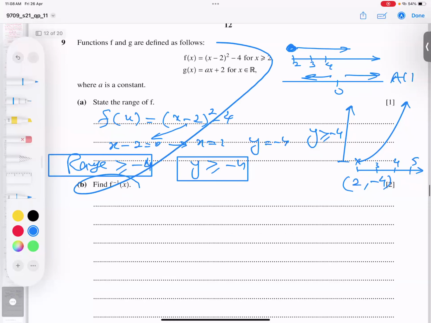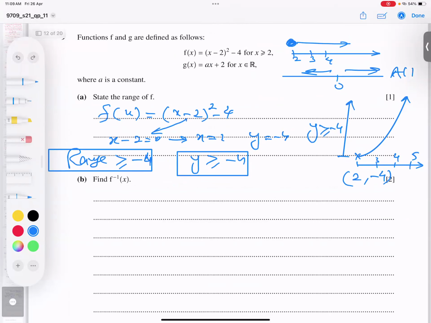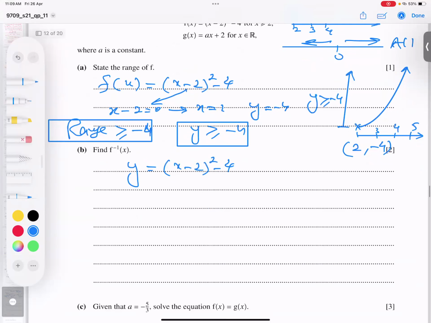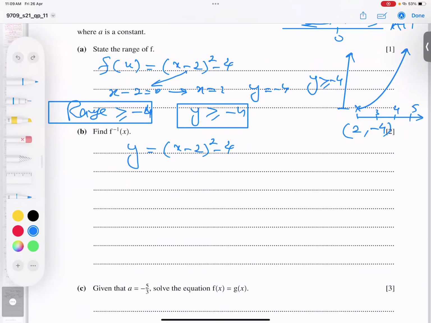Inverse of f. Okay, in this we have one technical point. So I will copy this whole function and paste here. Step number 1, erase f of x and write y. Step number 2, try to make x the subject, but how is it possible?